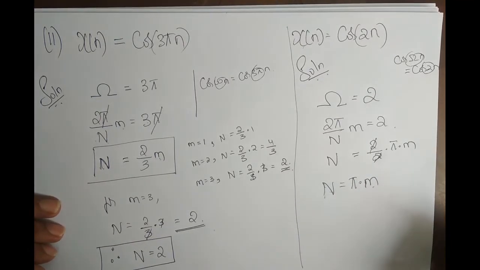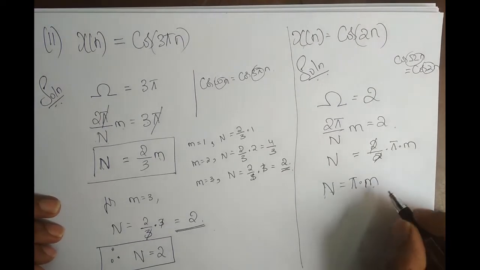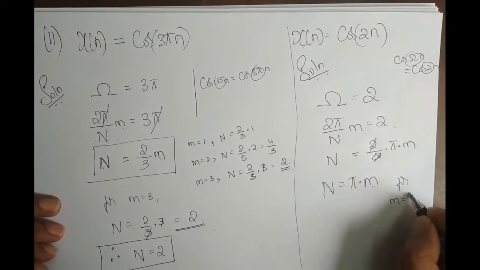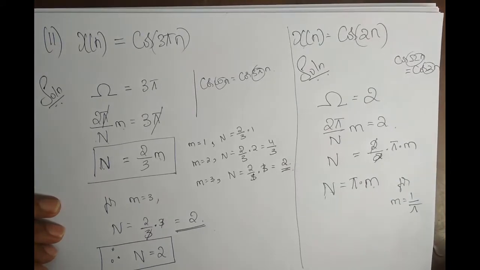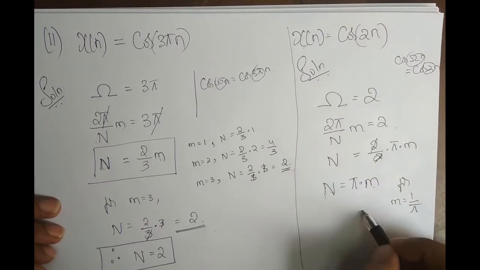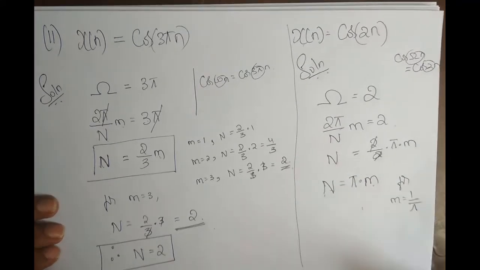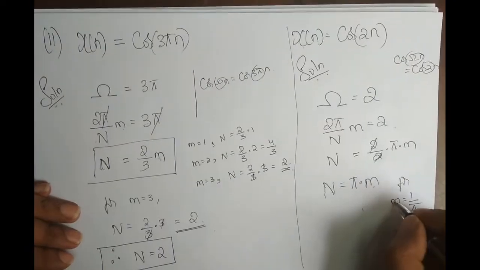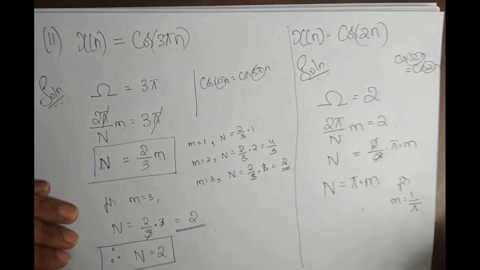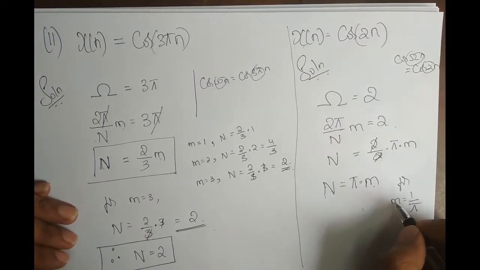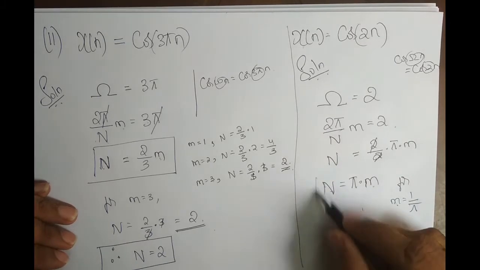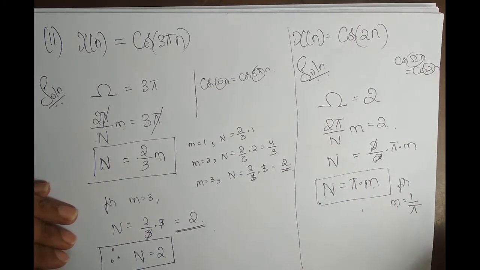You might think that for m equal to 1 by pi, the pi cancels out, and I get capital N equal to 1. But this is wrong. Why? Because m should always be an integer. So I have to make sure that m is an integer. And what is the smallest value of m for which the right hand side of this equation is an integer?